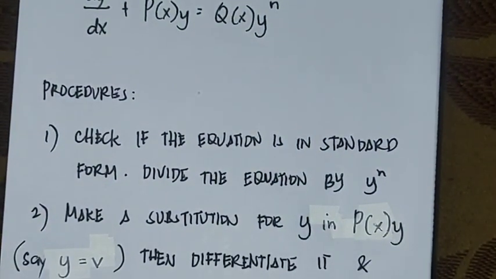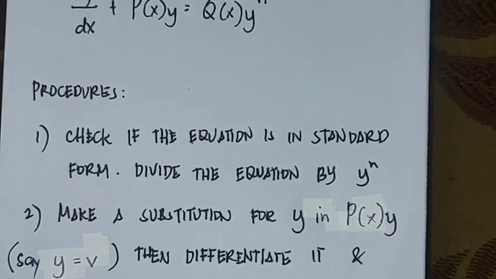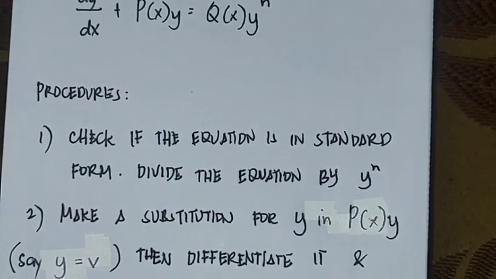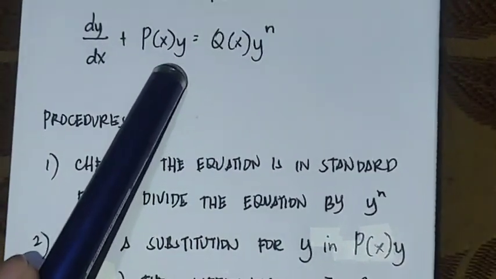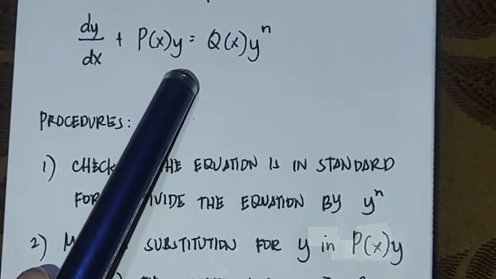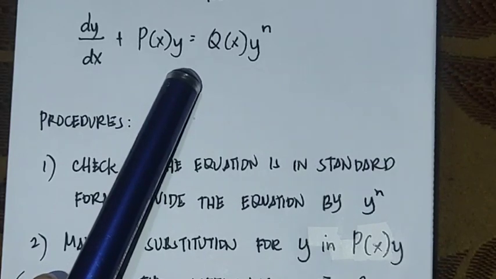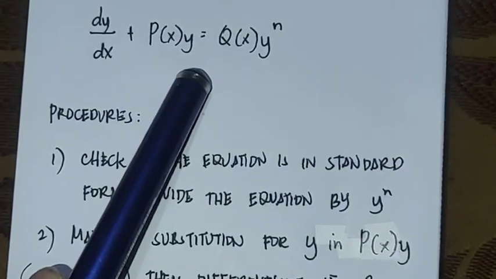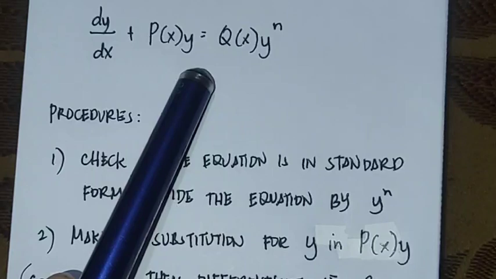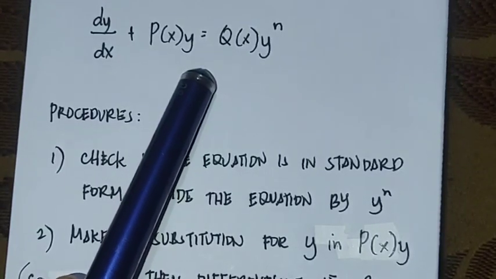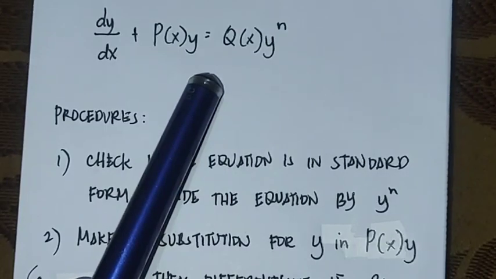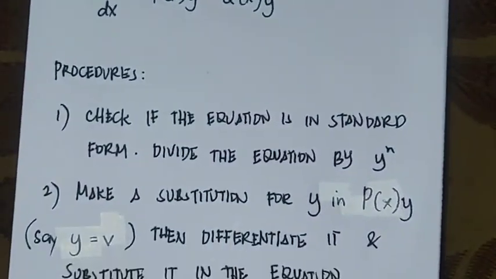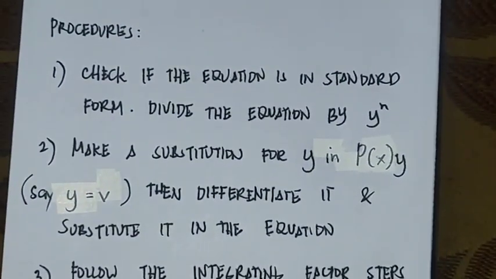Tapos, after dividing the equation by y raised to n, make a substitution for y in the p of x y. So, yung y daw dito, gawan mo ng equivalent or substitution, any variable na gusto mo. Basta wag lang ipaparehas dun sa existing na dependent or independent variable. Sabi dito, make a substitution for y in p of x y.